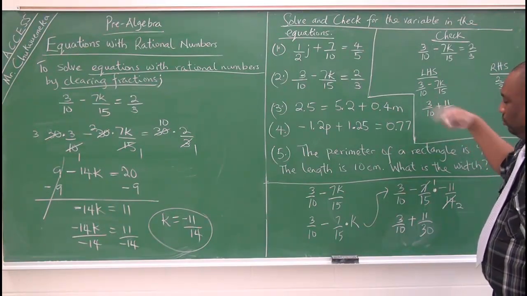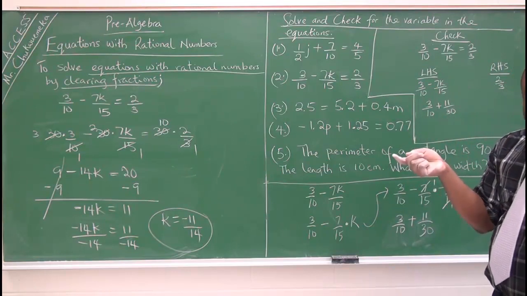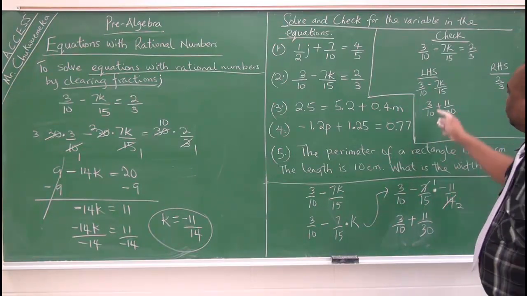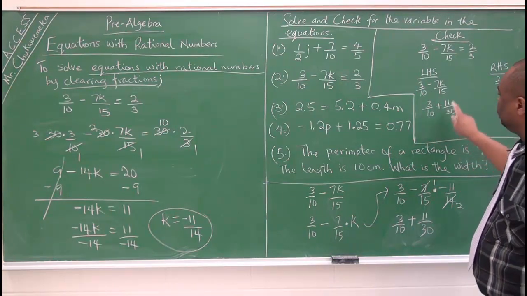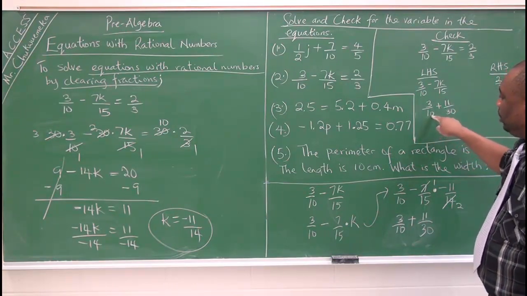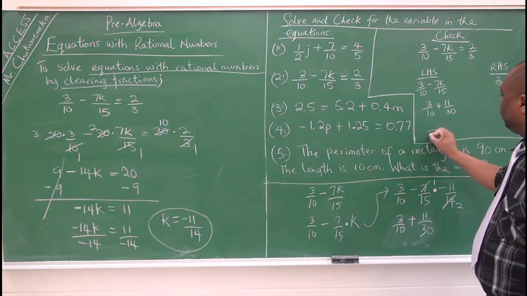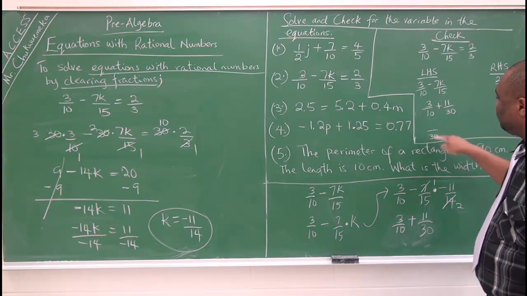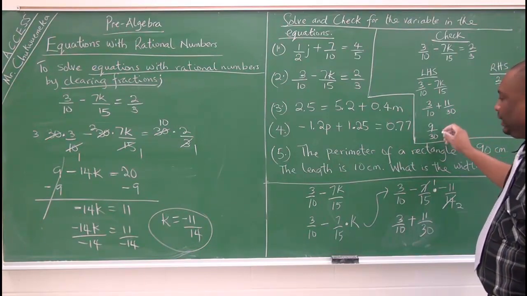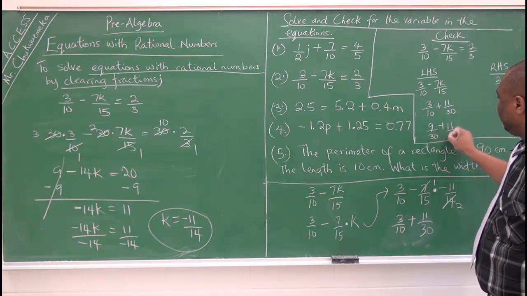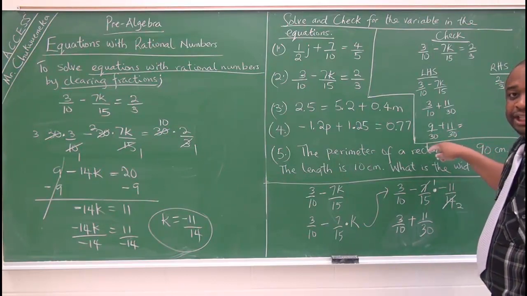When we add, we've done addition of unlike fractions. So, the LCD of 10 and 30 is 30. When we convert this to 30, the equivalent fraction will be 10 times 3 is 30, 3 times 3 is 9. So this will be 9 out of 30 plus 11 out of 30. These are now like fractions.